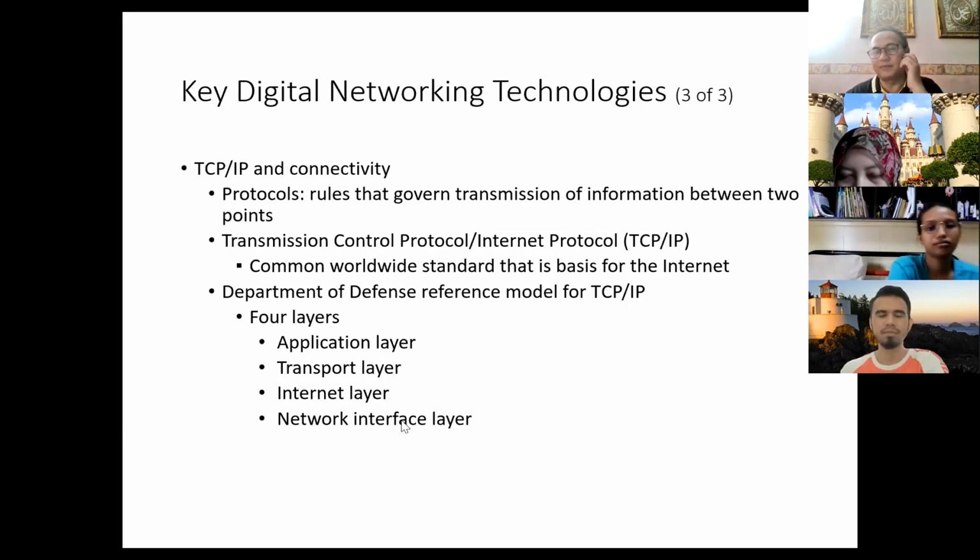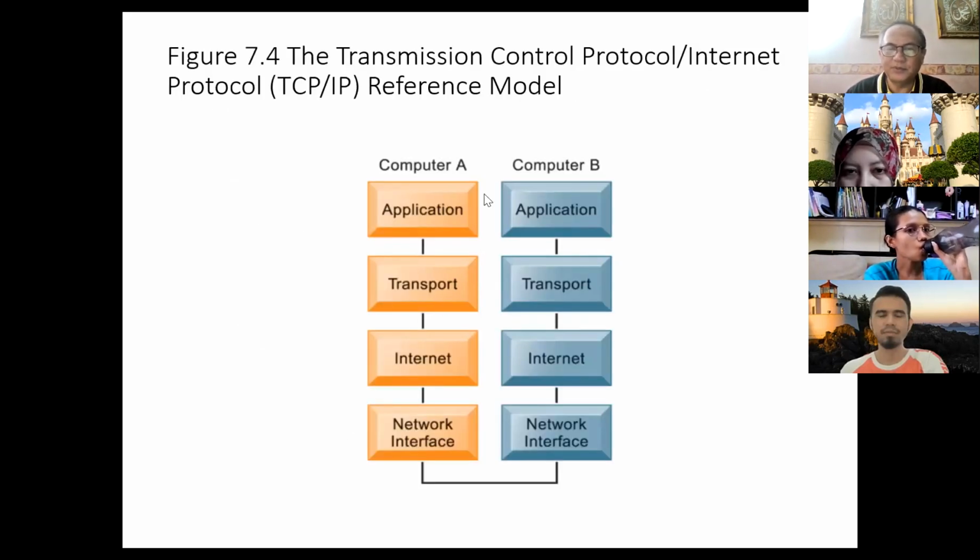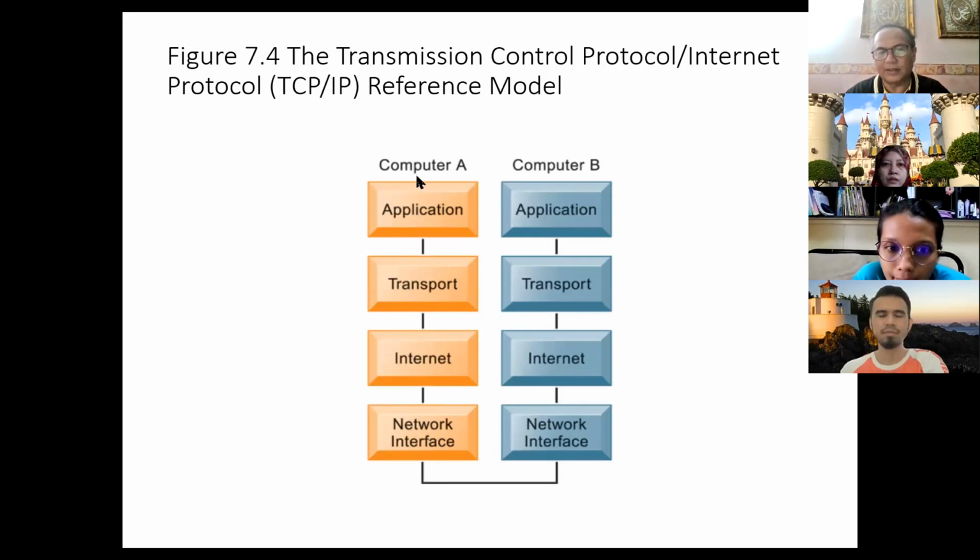You just need to know this, you don't need to know the detail because you are not taking computer science. So we have the application at the deep end, and then transport protocol, internet protocol, and then network interface. So these layers are connected. For example, the network interface is connected to computer B.